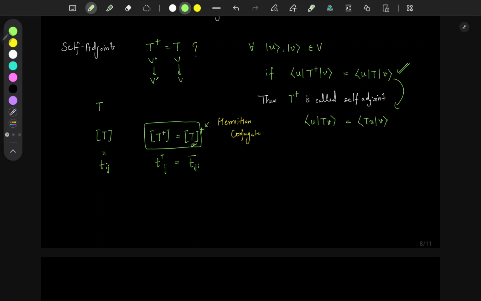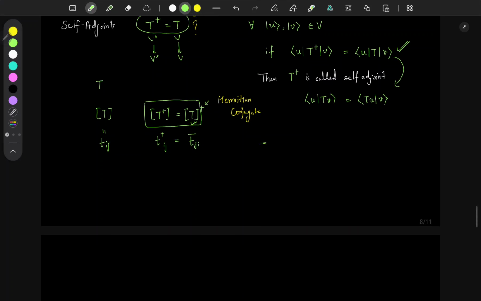Here, this relationship holds for the matrix. When you write the matrix corresponding to T and T dagger, you will notice that the matrix of T dagger is the same as the matrix of T. And this is what it means. It's not that these maps are equal, it's just that their corresponding matrix representation is the same.